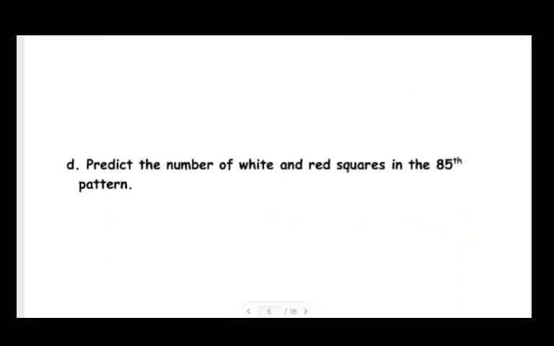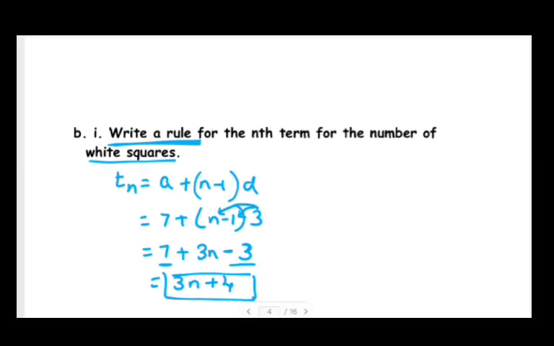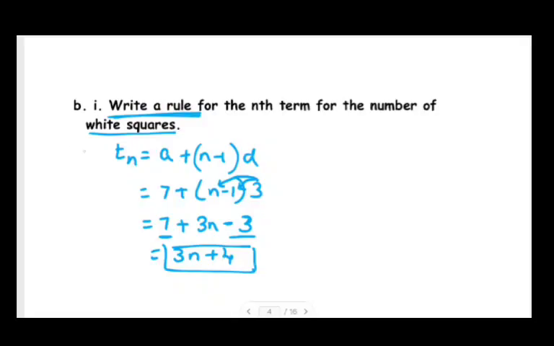Now with this set of information, what was our white tiles rule? The question says predict the number of white and red squares in the 85th position. Children, here we have worked out the rule for the white tiles, correct?